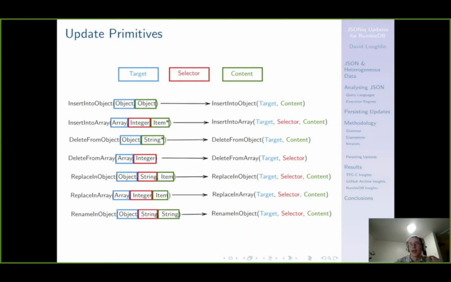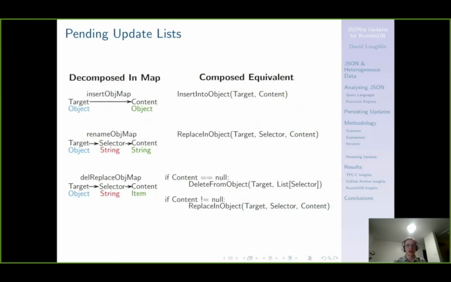Now we must put these update primitives into a PUL and add the functionality for merging and applying them. Due to the potential for merging and applying large numbers of update primitives, the choice of data structure for PULs is critical. An array is simple to implement, but discerning between update primitives and finding compatible merges requires a lot of lookups and a lot of conditional checks for compatibility.